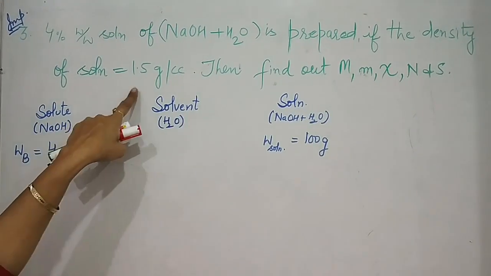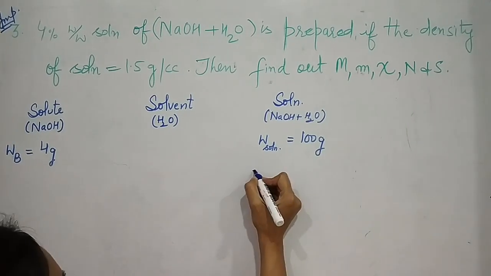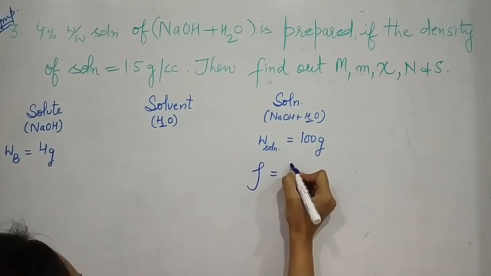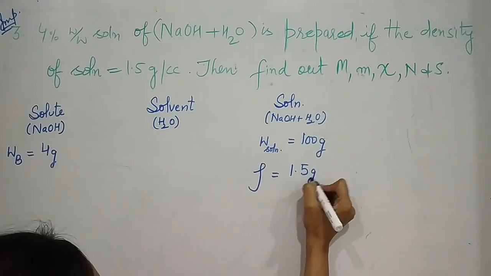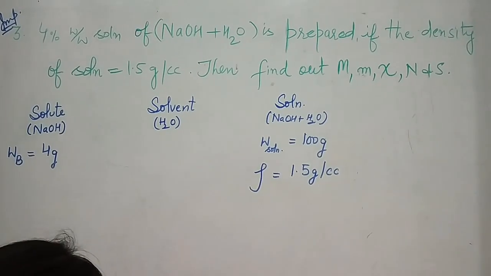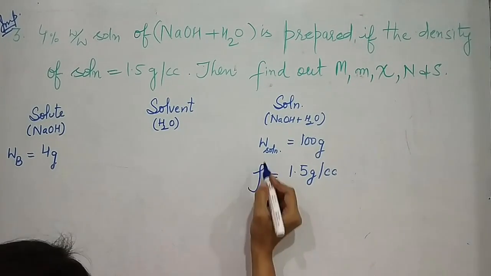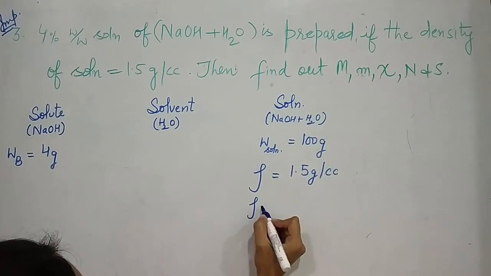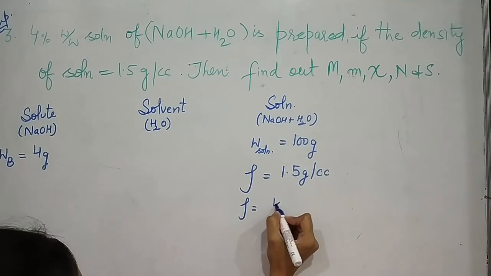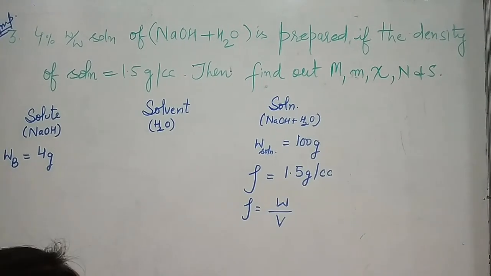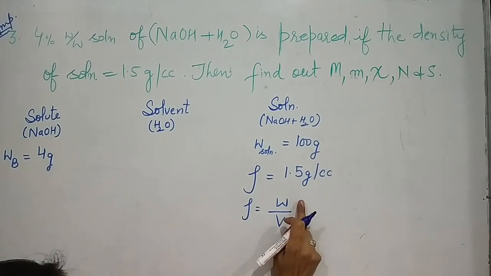Also, density of solution is given to you. Density is equal to 1.5 gram per cc. We know that density is equal to mass upon volume. We know density, we know mass.